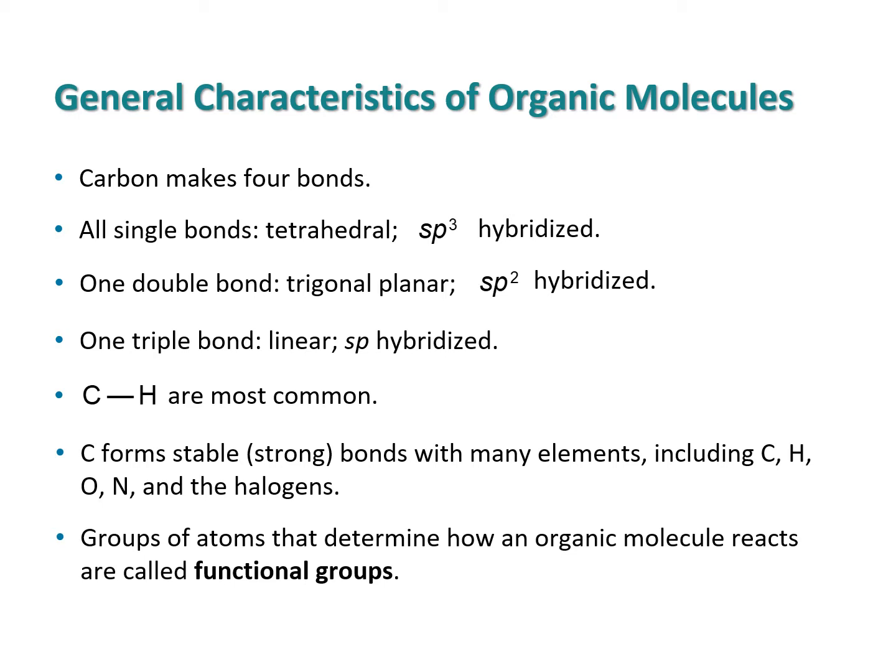So the general characteristics of organic molecules: based off of what you will see most often, you will see carbon, hydrogen, nitrogen, oxygen. These are the most common elements you'll see.